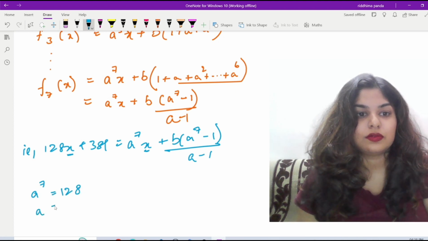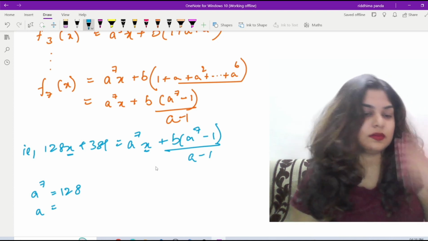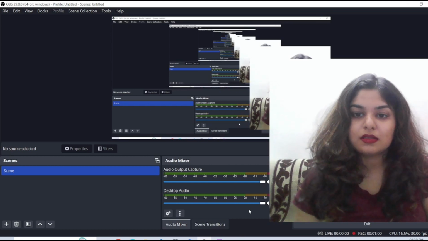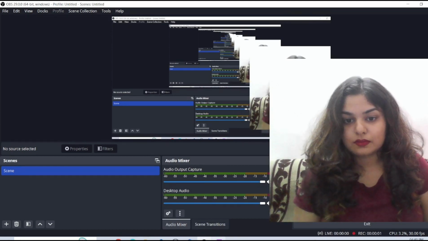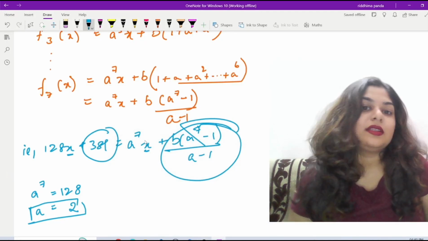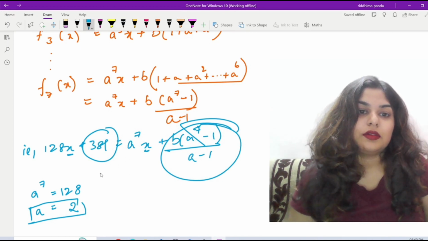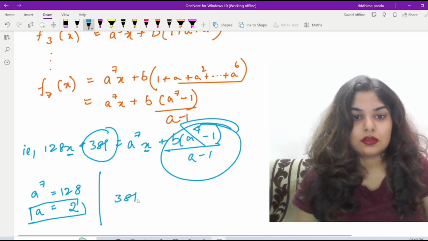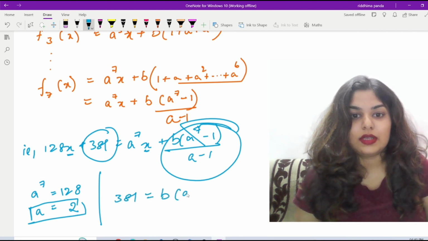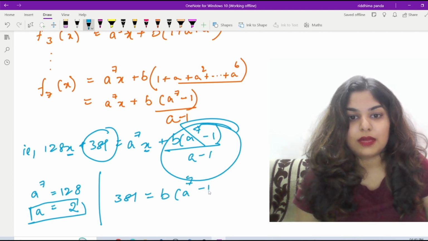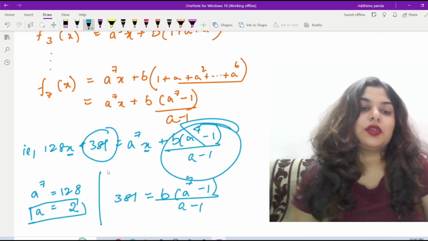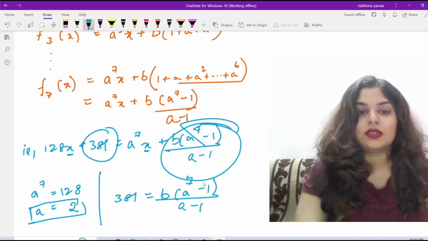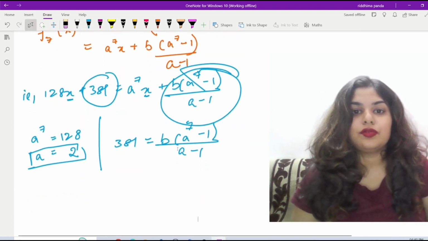Therefore a is equal to the 7th root of 128, which is 2. Now comparing the second term, we have 381 equals b into (a to the power 7 minus 1) by (a minus 1). Let us put the value: a to the power 7 is 128, so 128 minus 1 is 127, and a is 2, so 2 minus 1.